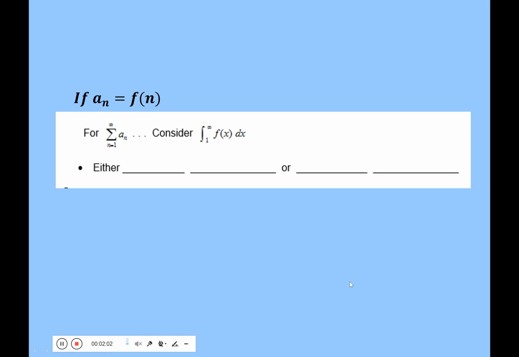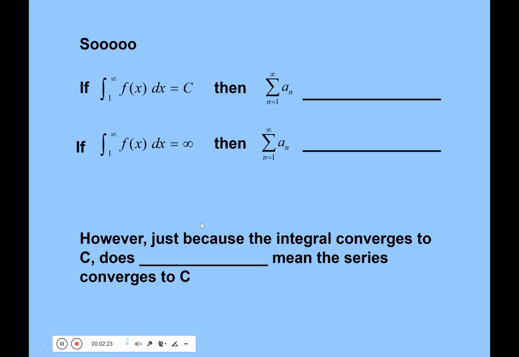So here's the idea. You take what was the series term, the a sub n, and you think of it as a function. So we're going to look at the integral of f of x, right? Because we integrate in terms of x. So here's the thing. Either they both converge or they both diverge, meaning if the integral equals a constant.